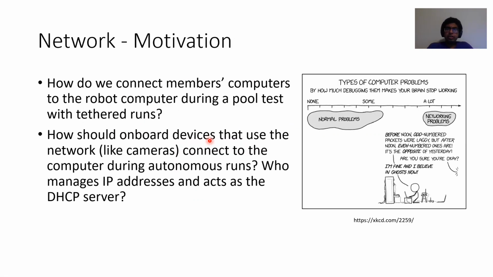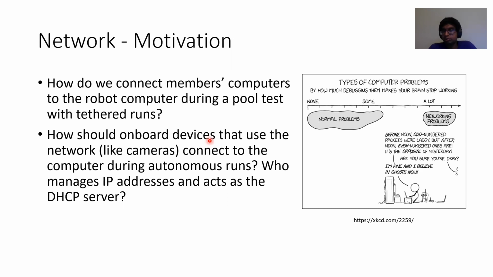All right, so the final part, the network that we use in our systems. So the main question here that arises is, how do we connect our club members' computers to the robot computer during a pull test with tethered runs? Oftentimes we don't do autonomous runs because it's difficult to control the robot.